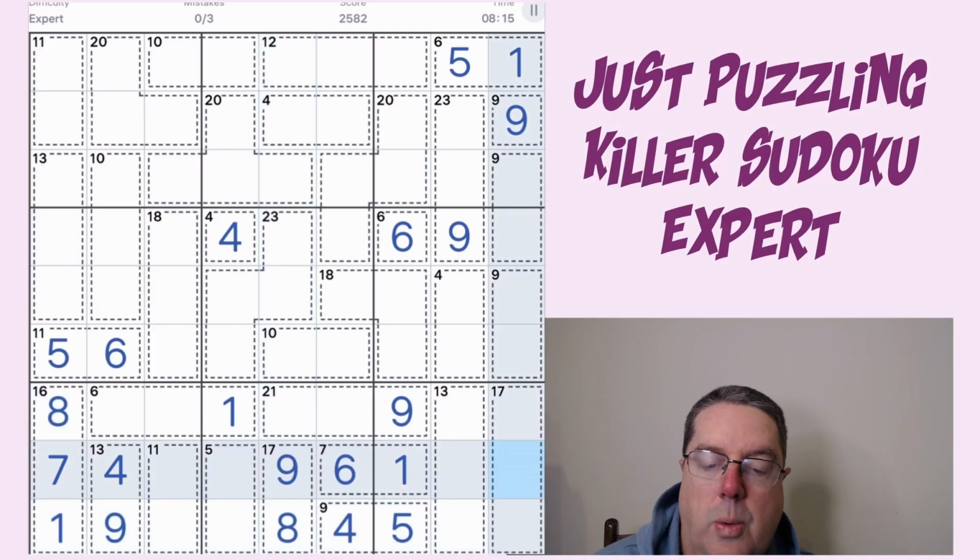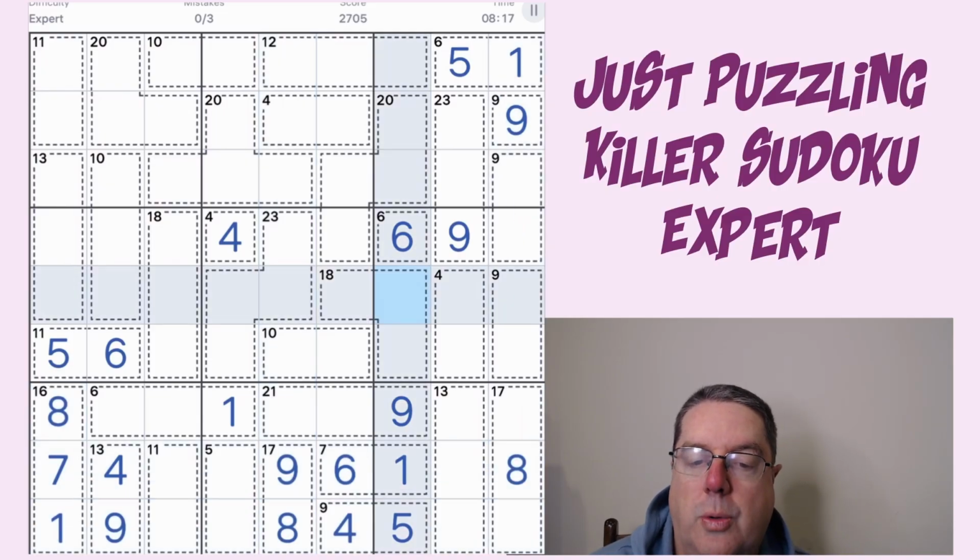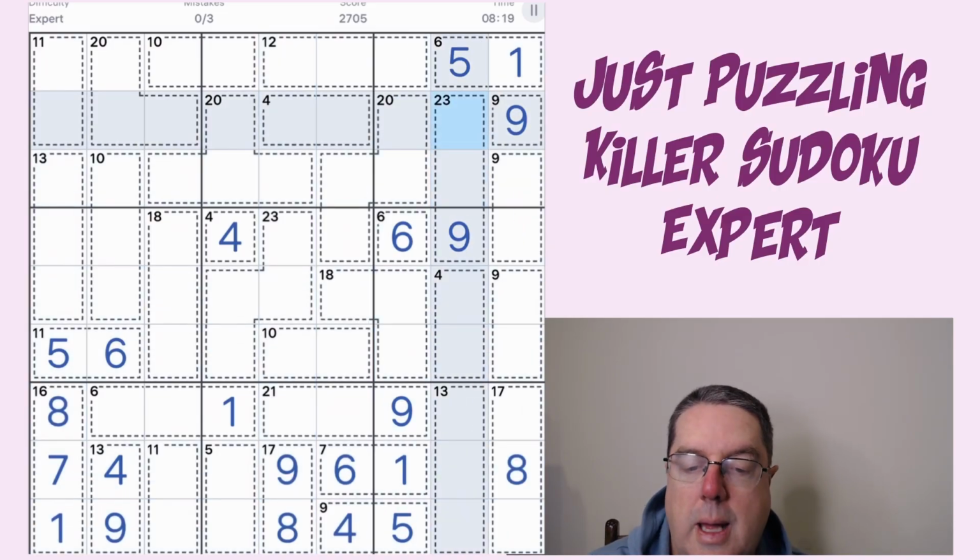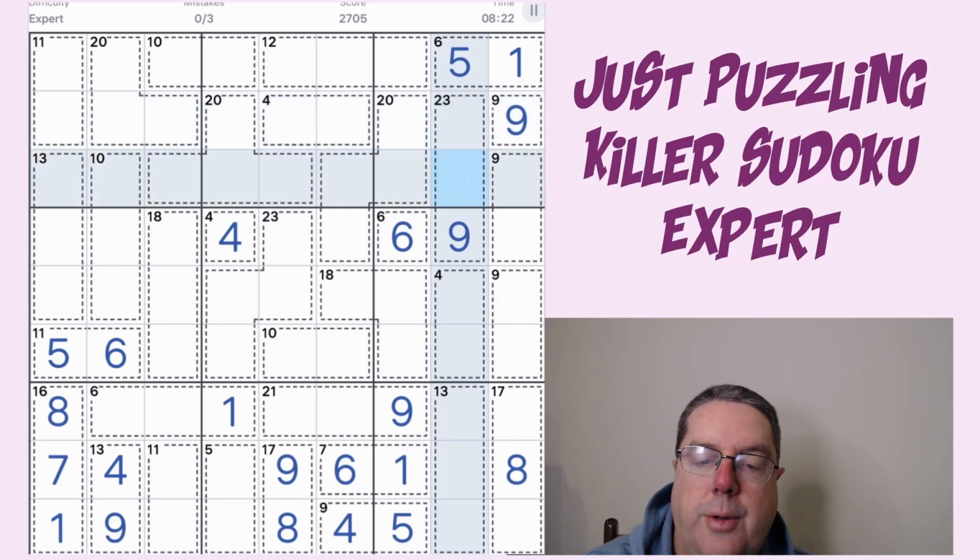Alright, so we said that that's an 8 there in that column because 8 had to be here because that's an 8 there. This is a 6, so 6 has to be here and 3. So 3 is there, so that's a 3, that's a 6.